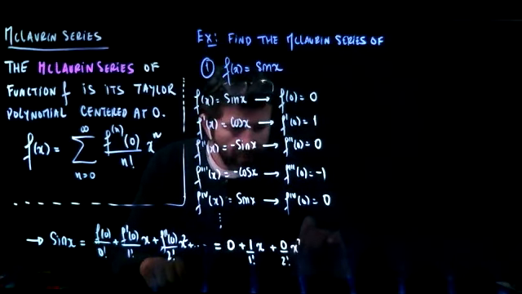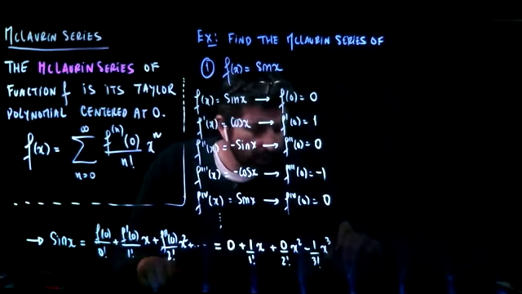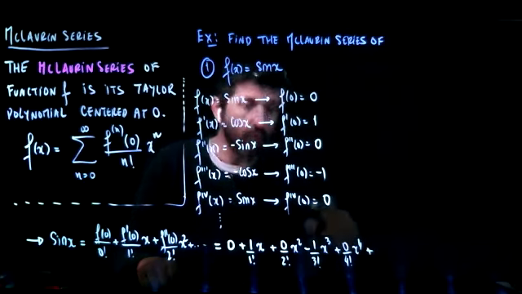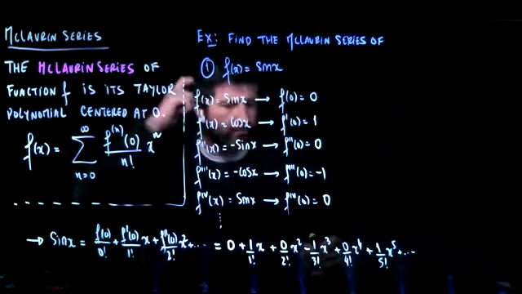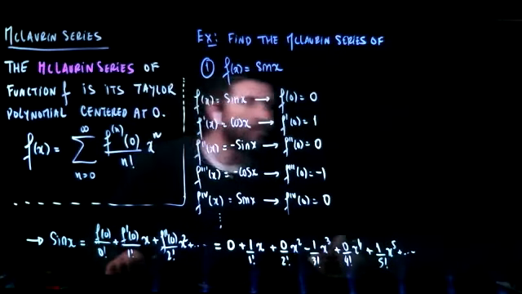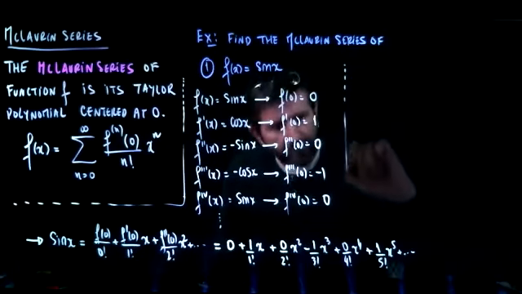Minus 1 over 3 factorial x cubed plus 0 over 4 factorial times x to the 4th. And then the next one will be plus 1 over 5 factorial times x to the 5th, and so on and so on. Okay, I'll continue up here.